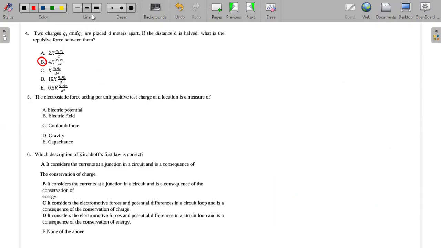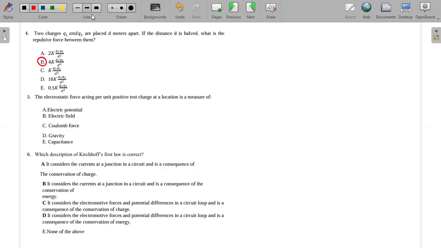All right, we move on to question 5. This is also a conceptual question. It's saying the electrostatic force acting per unit positive test charge at a location is a measure of dash.